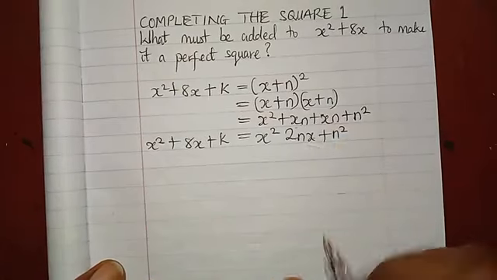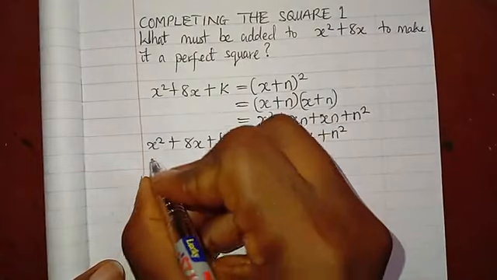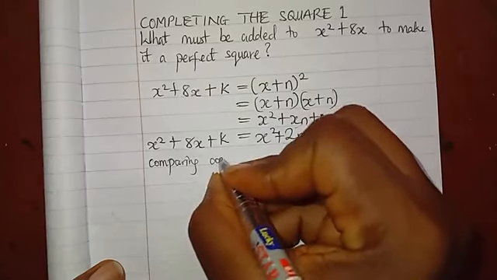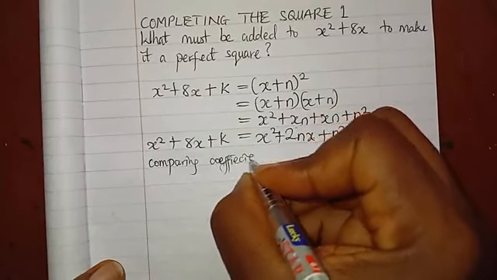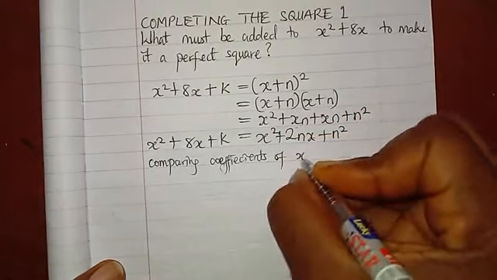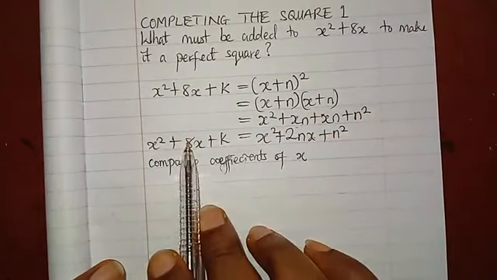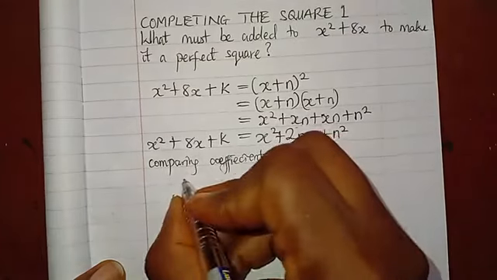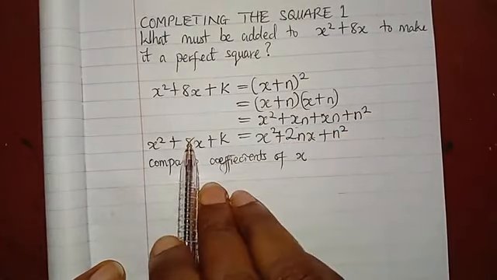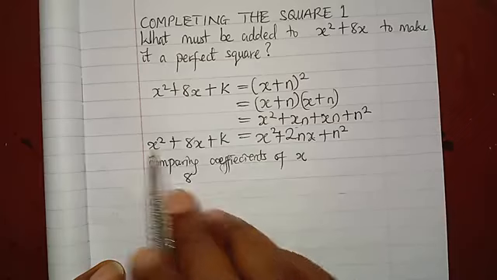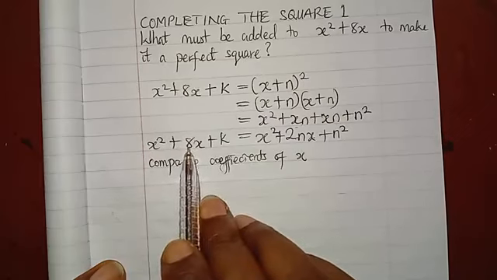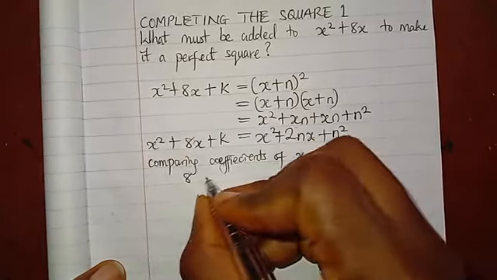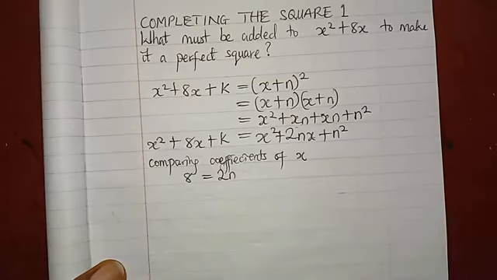Now we are going to be comparing the coefficients of x from both sides of this equation. We have 8 as the coefficient of x, just x, not x squared. The coefficient of x on this part is 8. The coefficient of x on this part is 2n. So we have that 8 is equal to 2n.